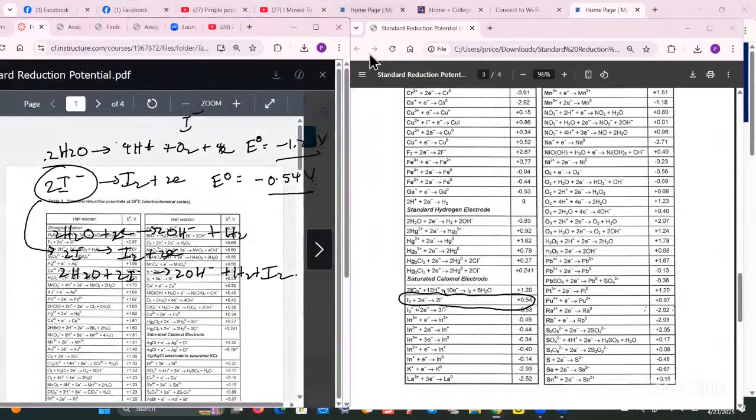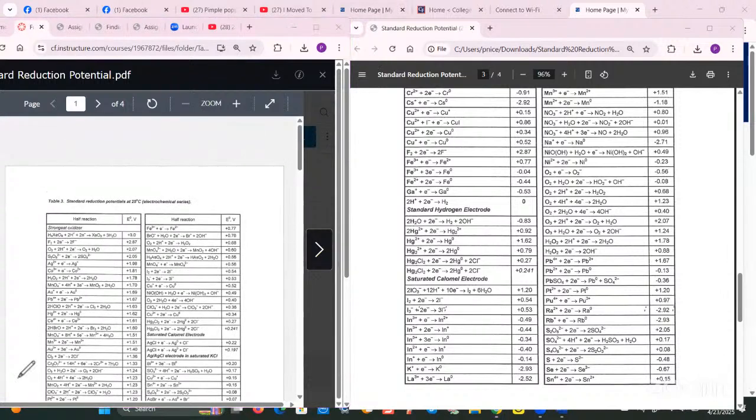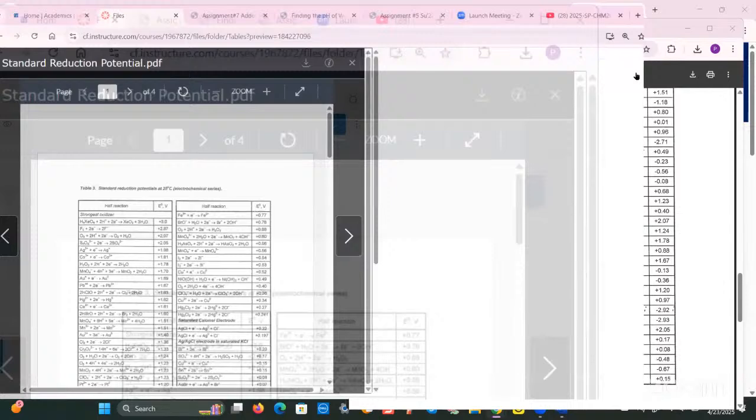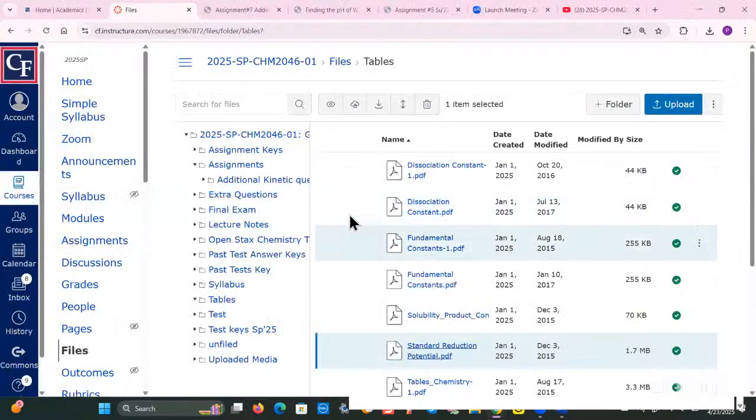Let me clear this first, avoid the confusion. Okay, so assignments, what did I say? 5, 6, and 7, right? Okay, and I think I've posted some past test answer keys.